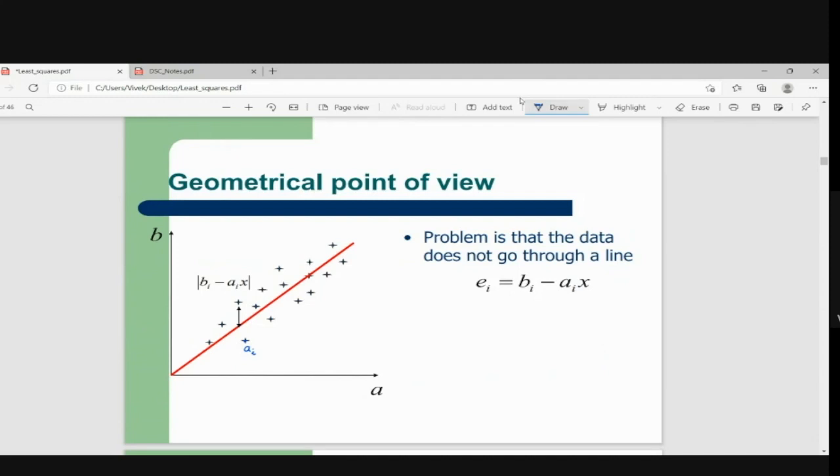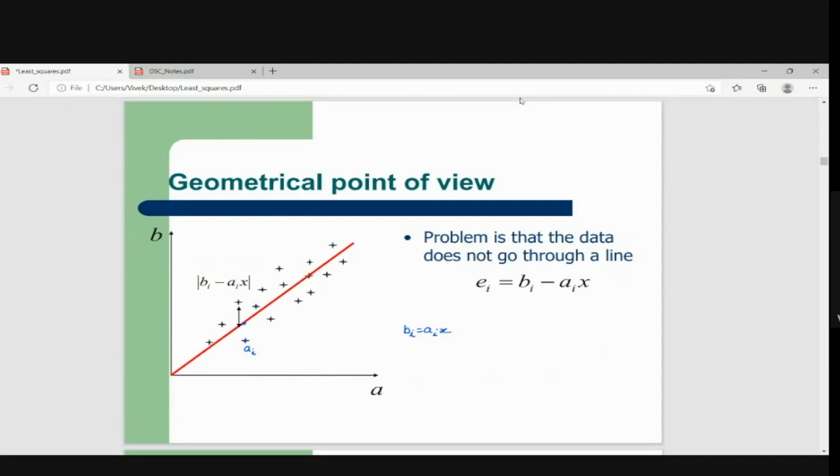I will substitute this value into my line, that is bi equals ai times x, where x is the slope here. Then this bi will be here because it is coming from this line. But ultimately for this ai, this is my observed bi, this value is given to me.